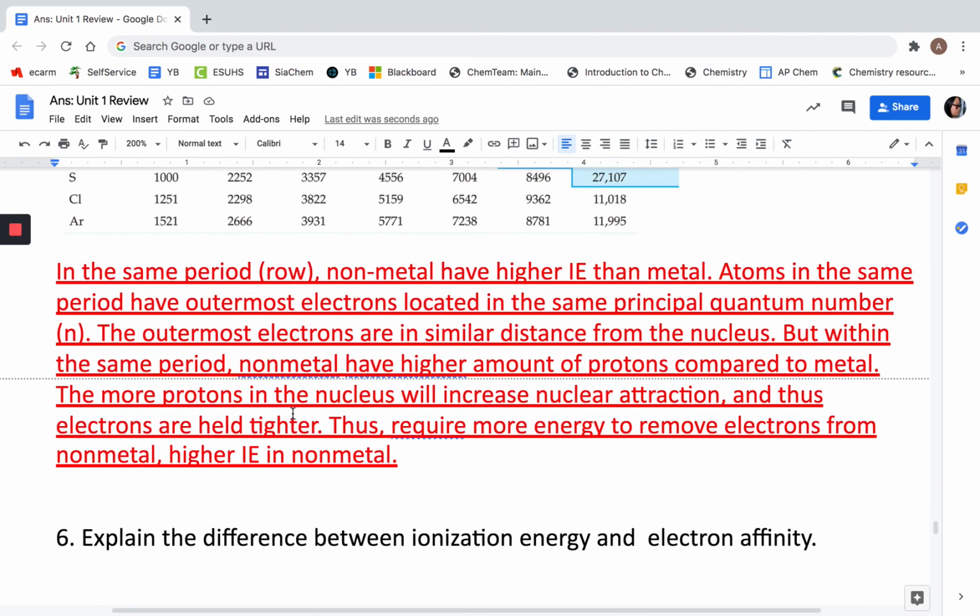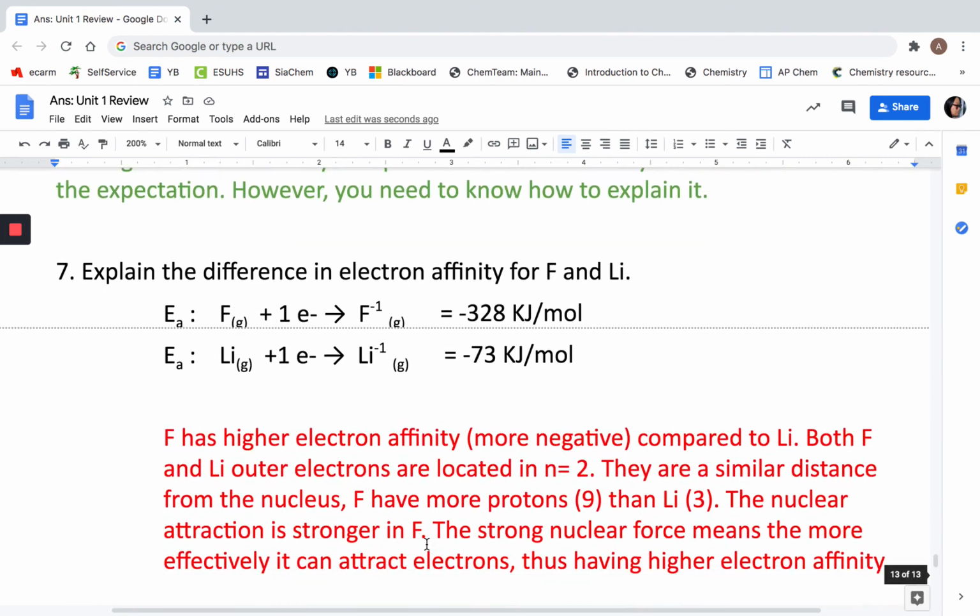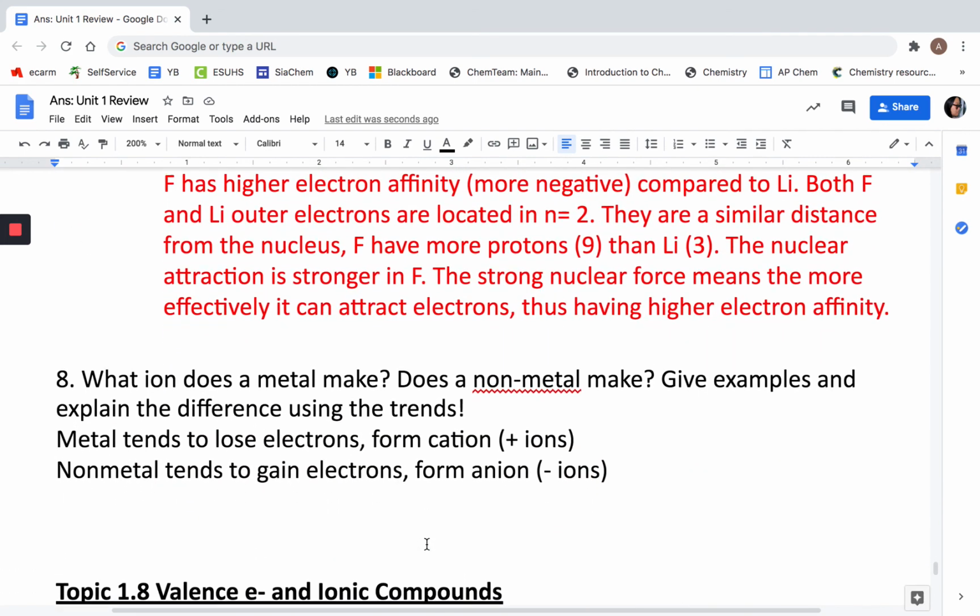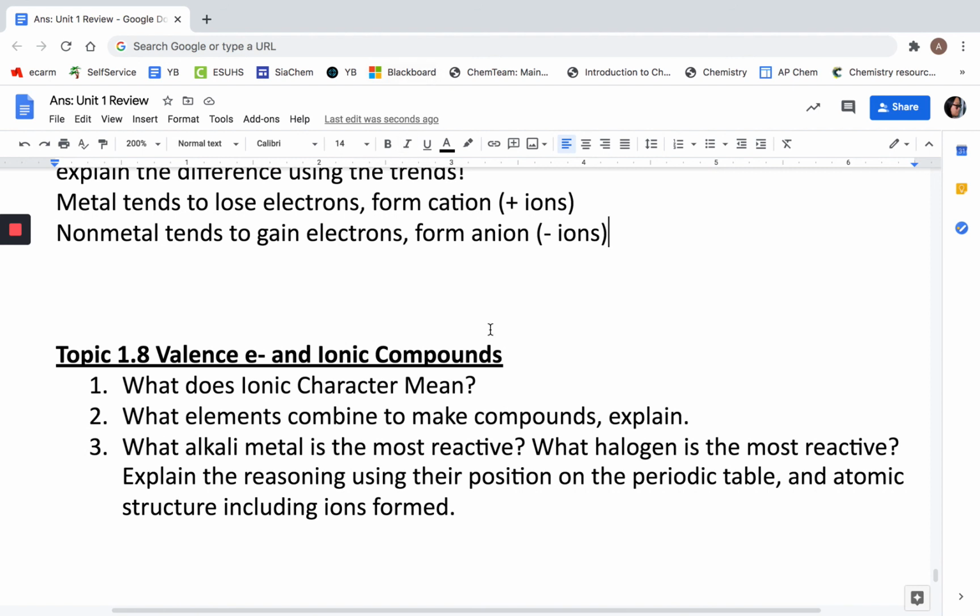Let me go back, comparing the metal and non-metal. So that's where you can kind of talk about it. Non-metals generally are easier at gaining, and metals are easier at losing because metal has lower IE, ionization energy, because they are generally bigger. I'm not going to answer that one.